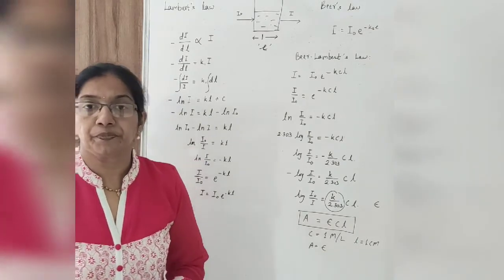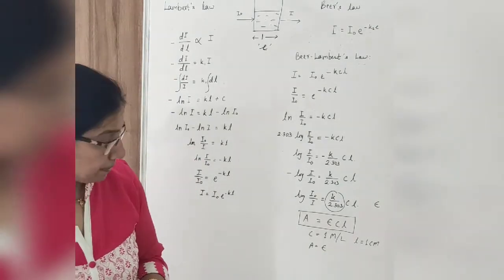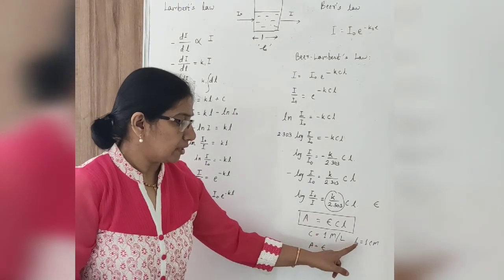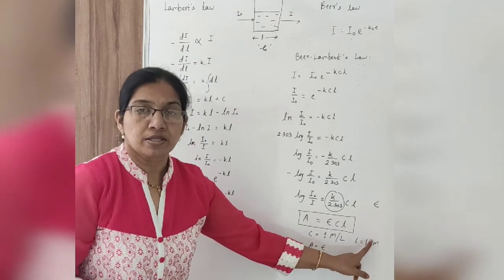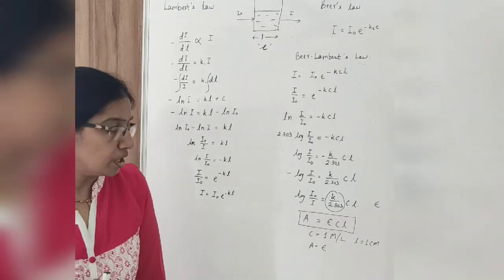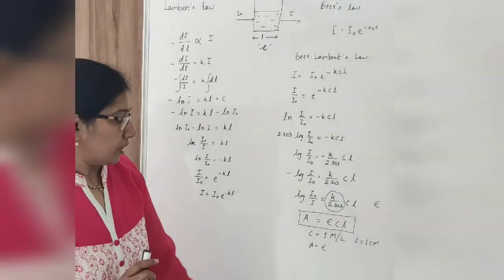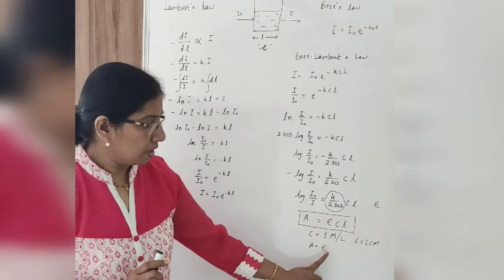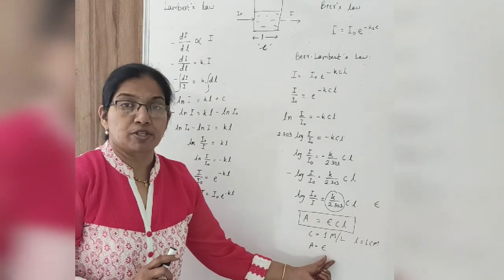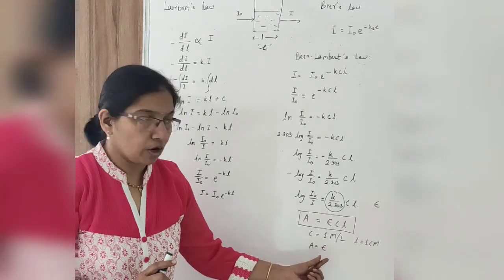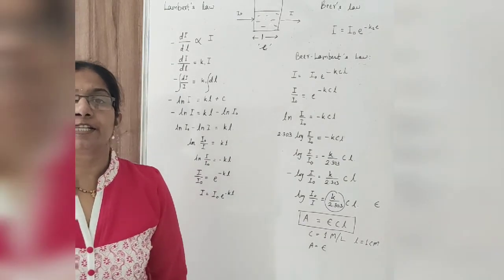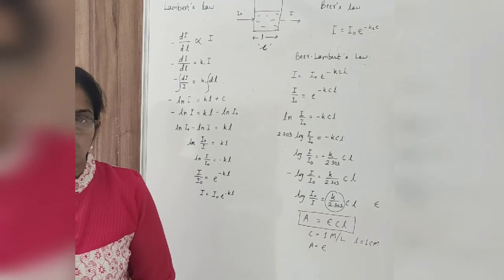The molar extinction coefficient is the absorbance of the solution when the concentration is 1 mole per liter and path length is 1 centimeter. These are some basic terms usually used in colorimetry. And this epsilon, when measured at the maximal absorbing wavelength, is called epsilon max, and this is the characteristic of that particular solution.